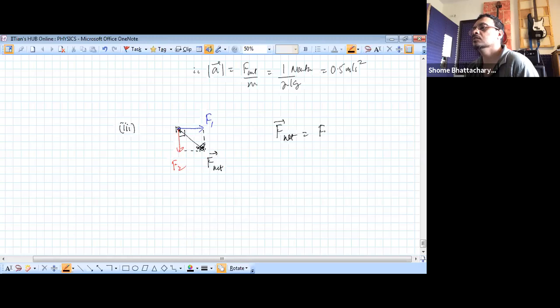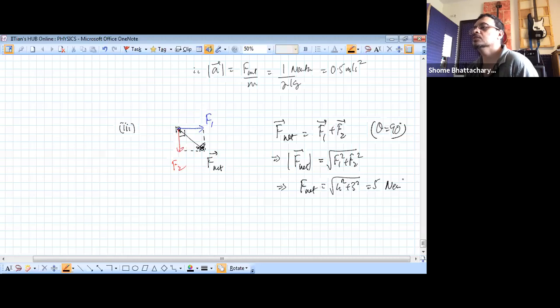The net force is the vector sum of F1 plus F2, but here theta is equal to 90 degrees. So the magnitude of the net force becomes the square root of F1 square plus F2 square, which is 5 newtons.